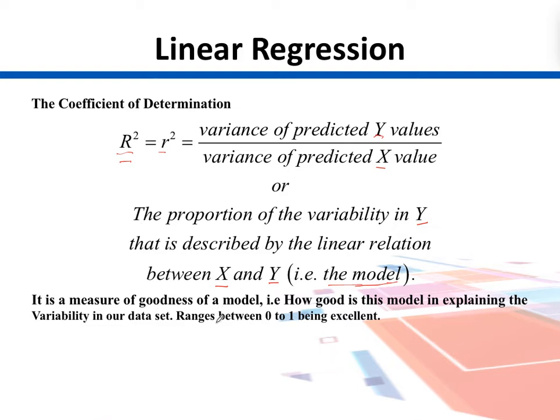It is a measure of the goodness of a model: how good is this model in explaining the variability in our data set? It ranges between 0 and 1, 1 being excellent. Any number close to 1 means we applied a correct model. For example, you apply ANOVA, or a t-test, or any other thing like correlation or regression, and finally you calculate it.